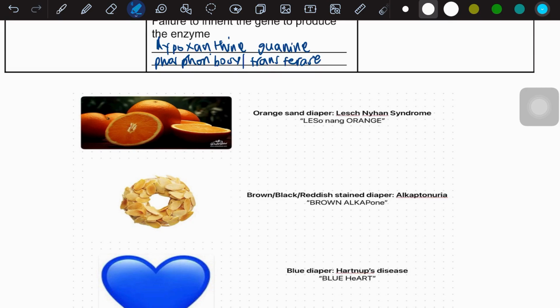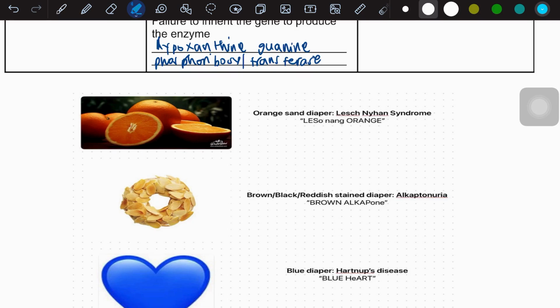The mnemonic is Lesch-Nyhan, orange. What about alkaptonuria? It causes a brown, black or reddish stained diaper. So you don't forget, you can use the mnemonic of who likes alkapon, who likes donuts. So you can remember brown, alkapon.